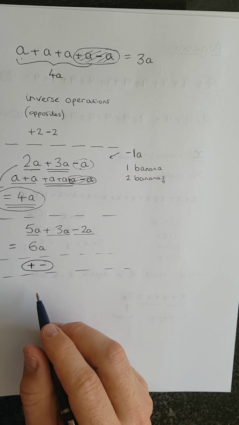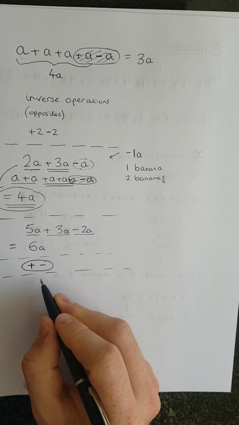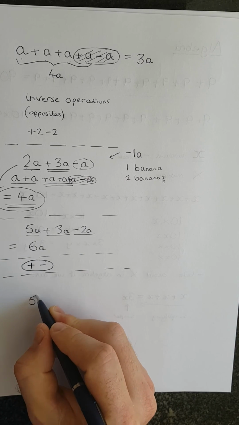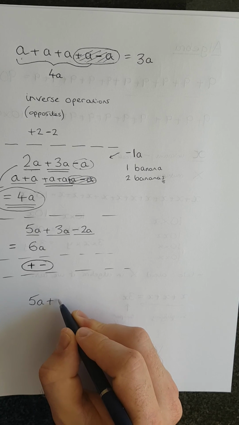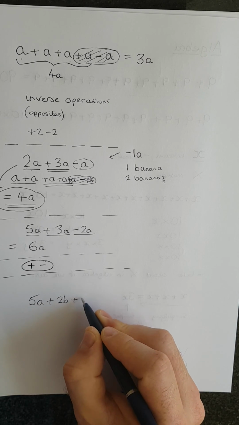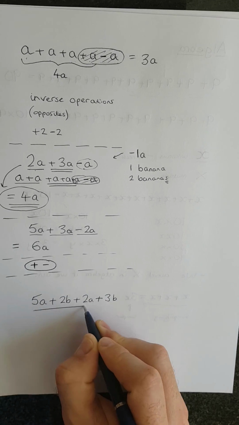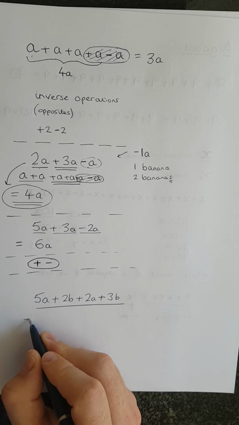In the next part of the video, we're going to look at simplifying where we have more than one letter. So more than one number that we don't know. So we're going to look at questions like, how do we simplify that?